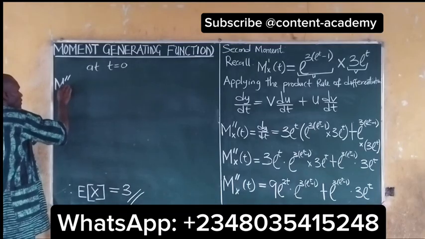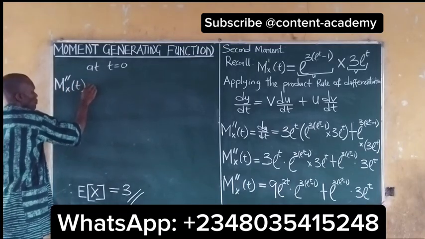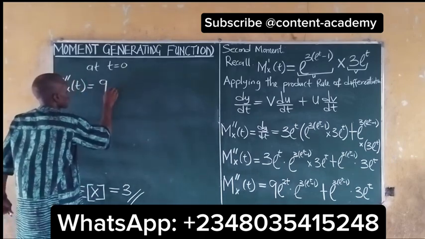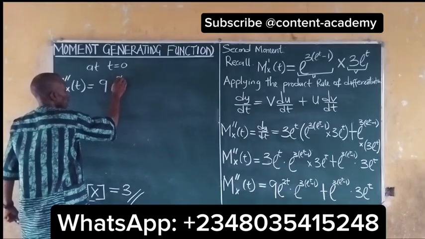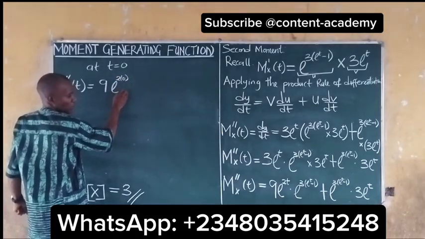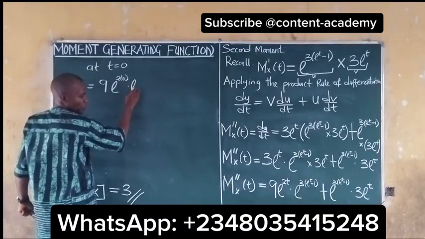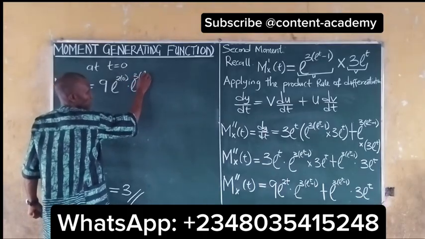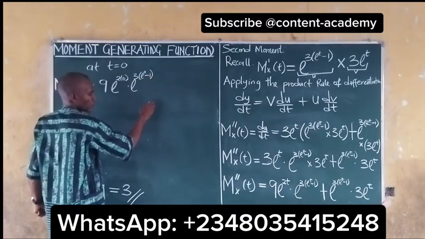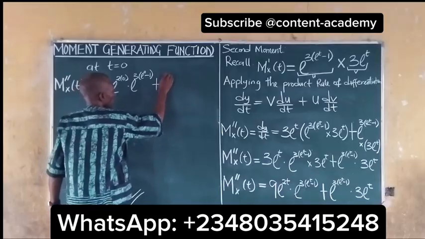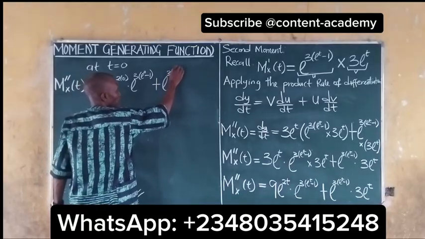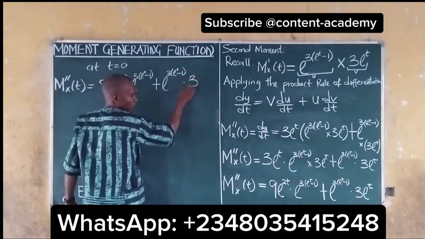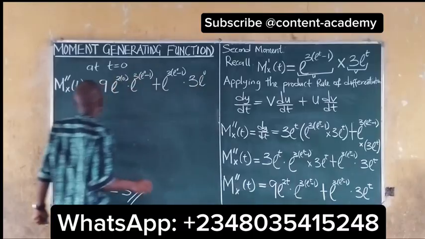Our second moment will be equal to 9 exponential 2 multiplied by 0, multiplied by exponential 3(e raised to the power of 0 minus 1), plus exponential 3(e raised to the power of 0 minus 1) multiplied by 3e raised to the power of 0.